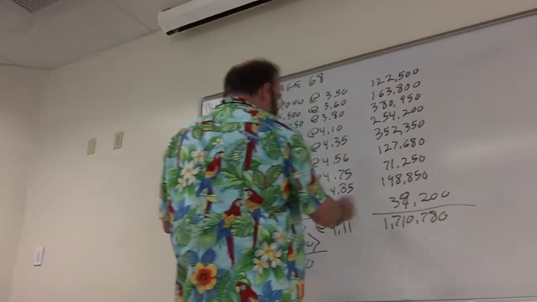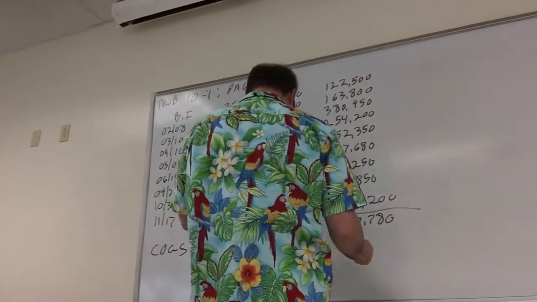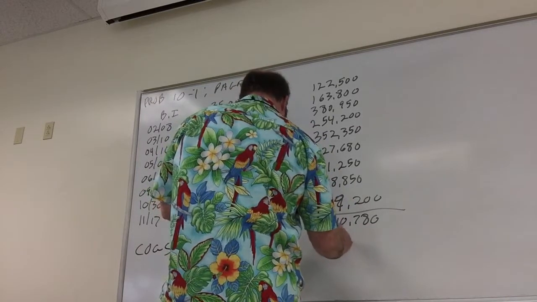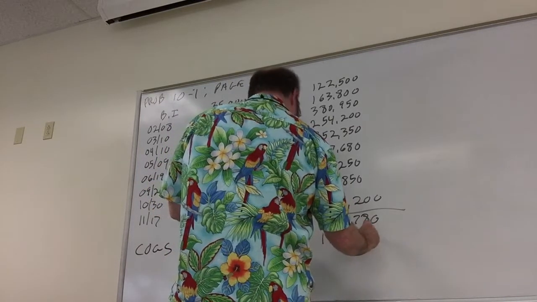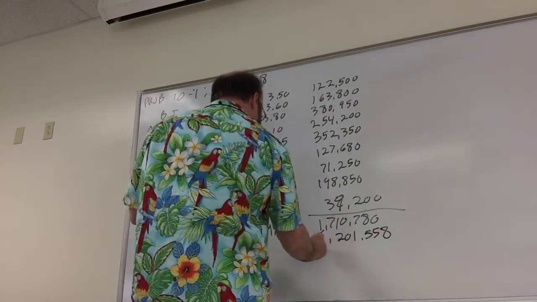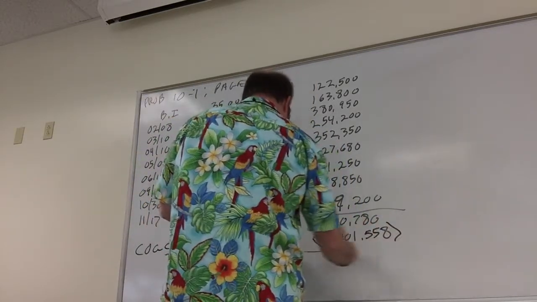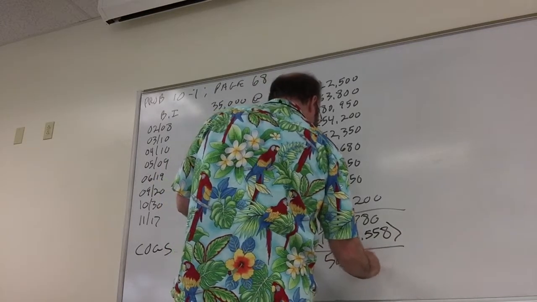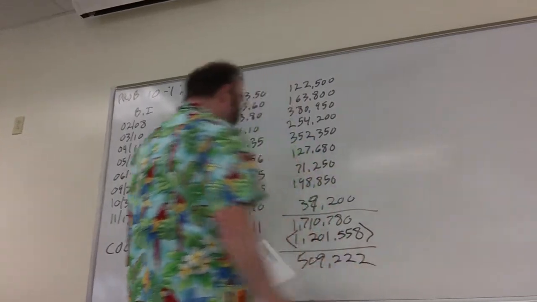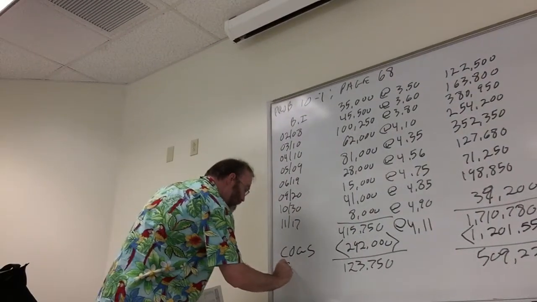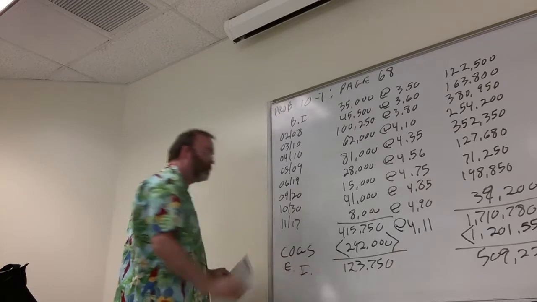If you multiply that out by the $4.11, you get $1,201,558 in cost of goods sold and $509,222 in ending inventory.